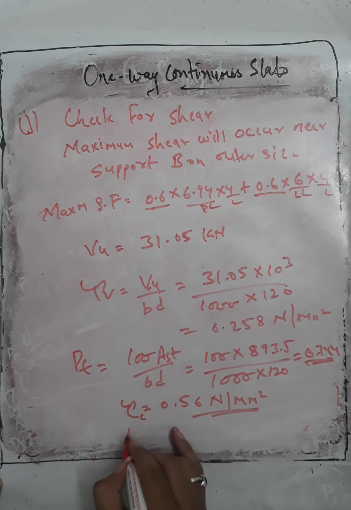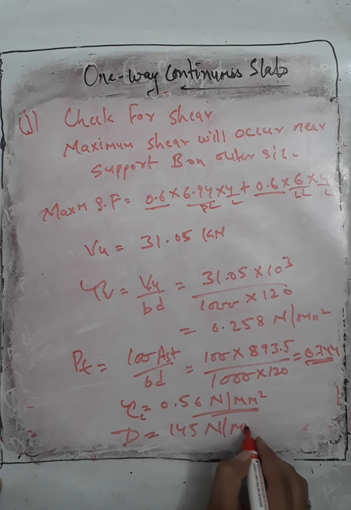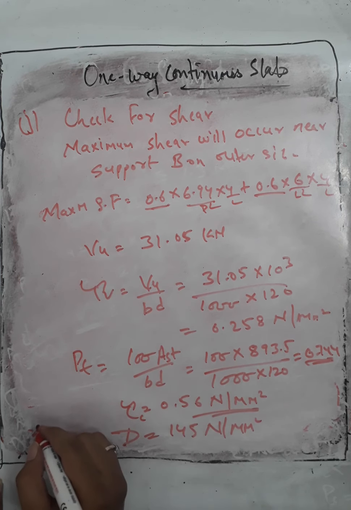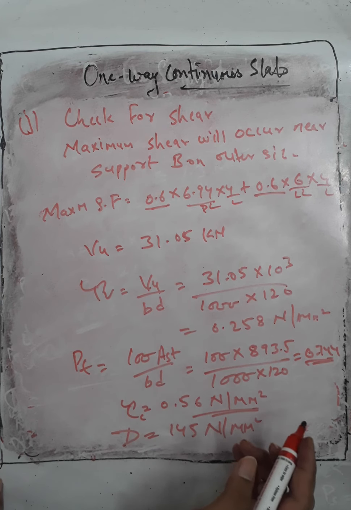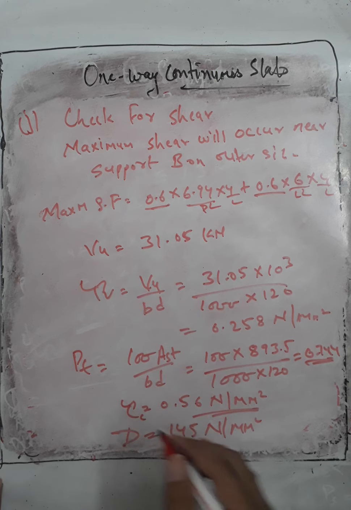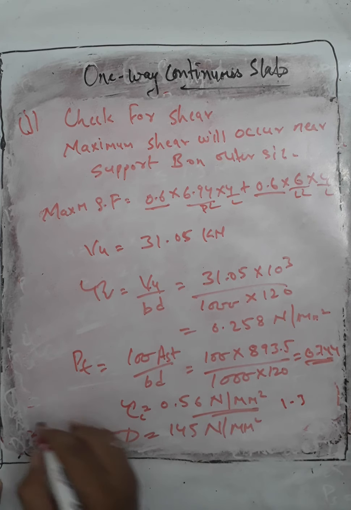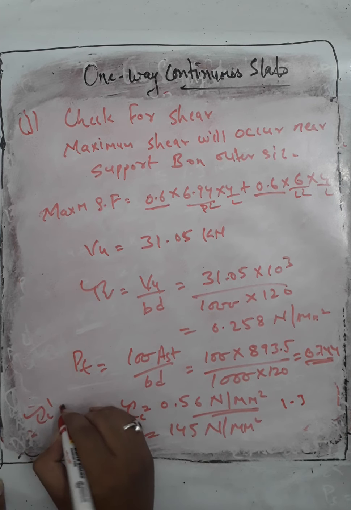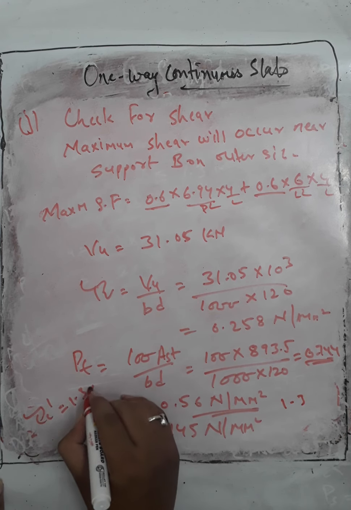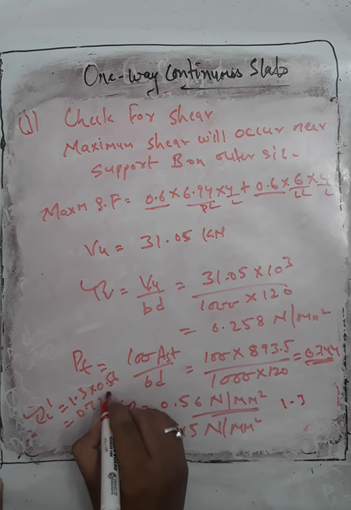After finding that, we have to take this overall depth also, because we consider this slab part. So for D 145, K value is 1.3, so tau C dash is equal to 1.3 into 0.56, you get 0.728.